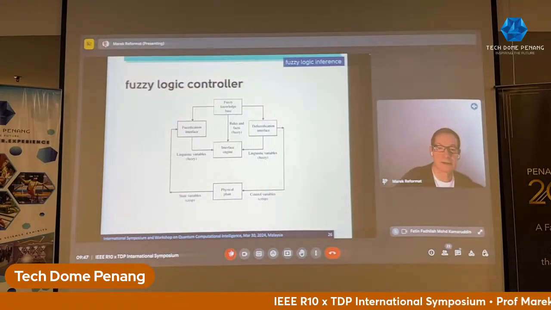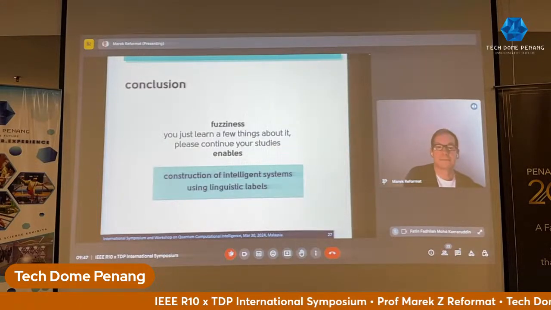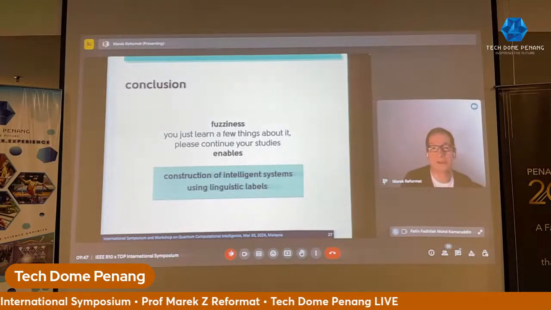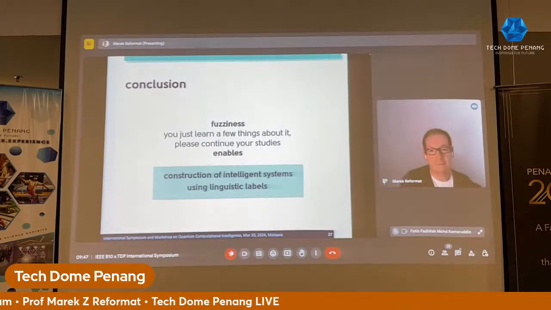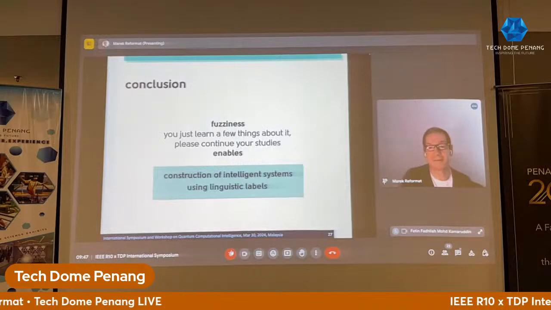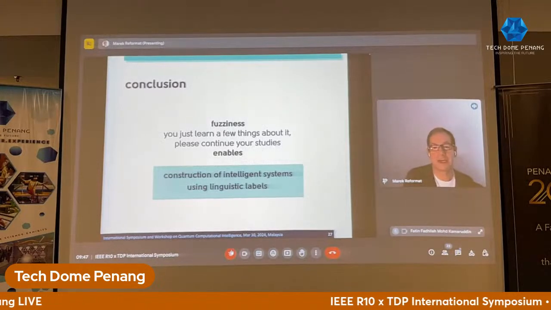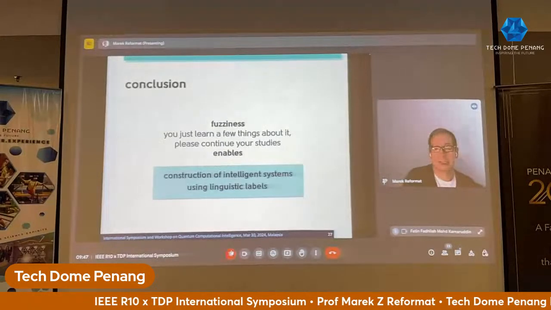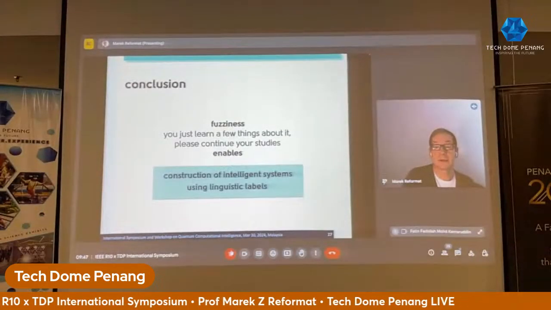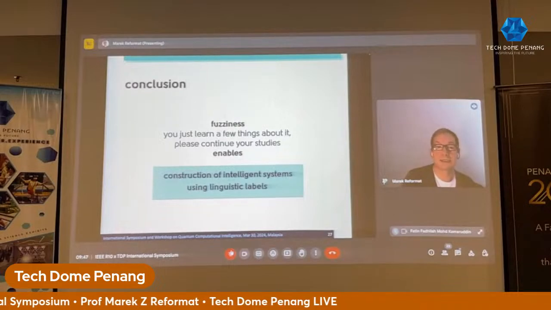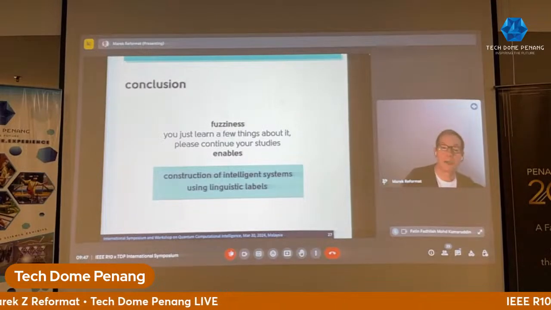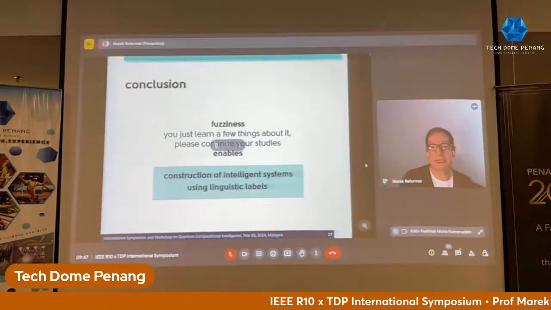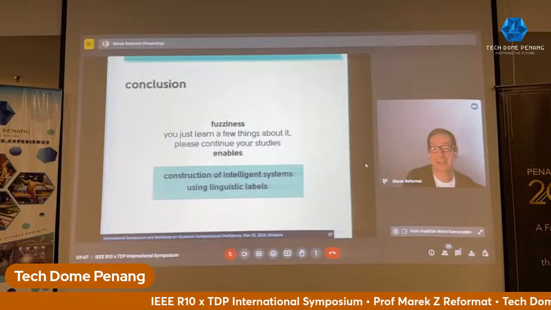And that was one of the most significant contributions of fuzzy logic: fuzzy control. So with that, I would like to say that we have learned a few basic things about fuzziness, but I hope it gives you enough interest and triggers some excitement, and that we will continue to study this concept, because we believe it enables you to construct intelligent systems that are able to better understand how we humans communicate and how we talk, and how, even being imprecise, we can do different things nicely.